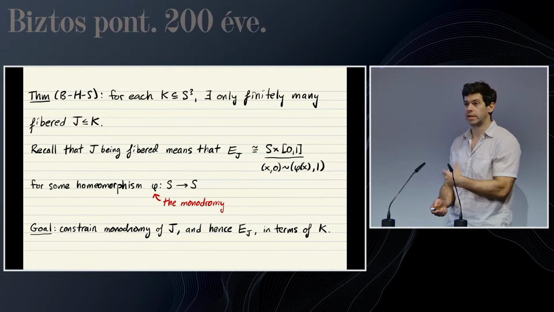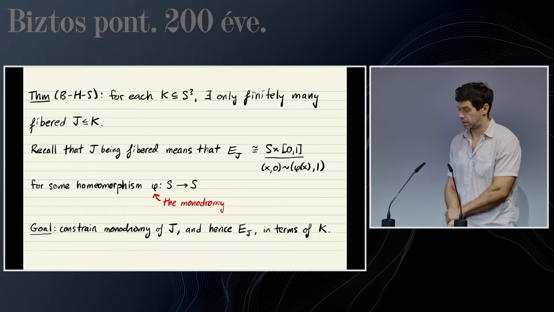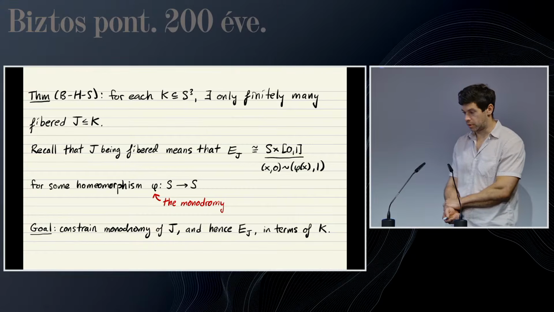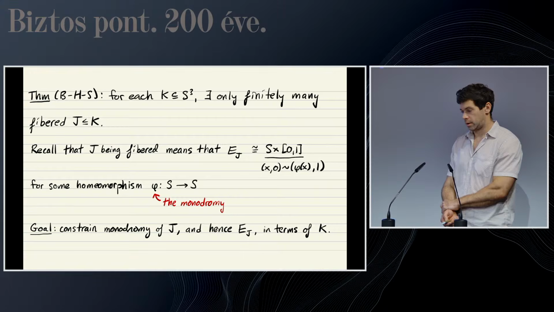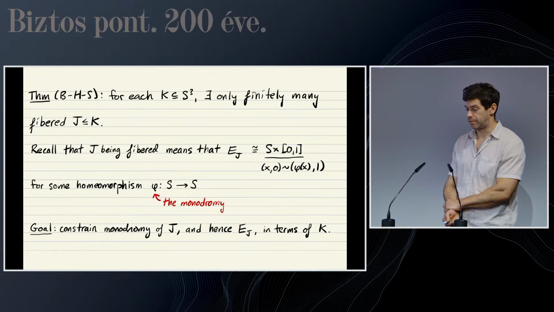And we know that J is determined by its knot complement by Gordon and Luecke. Okay? So that's the rough goal, and I'll make this more concrete and precise in a little bit. But we're going to do this by analyzing the monodromy of potential fibered ribbon predecessors of K.